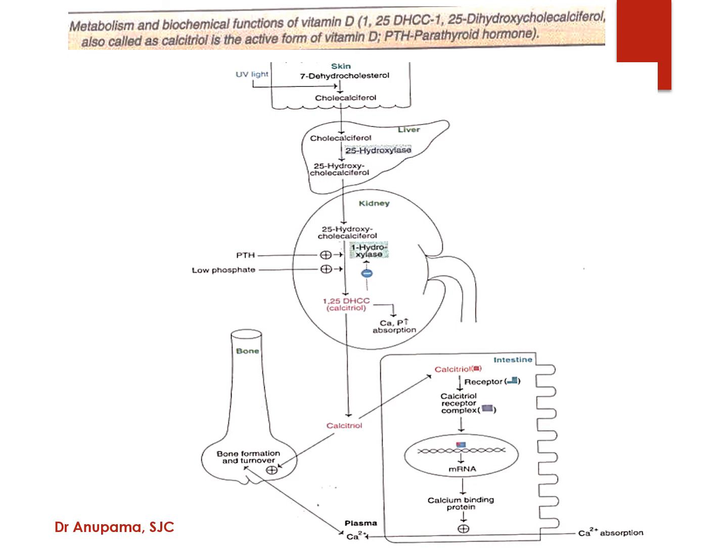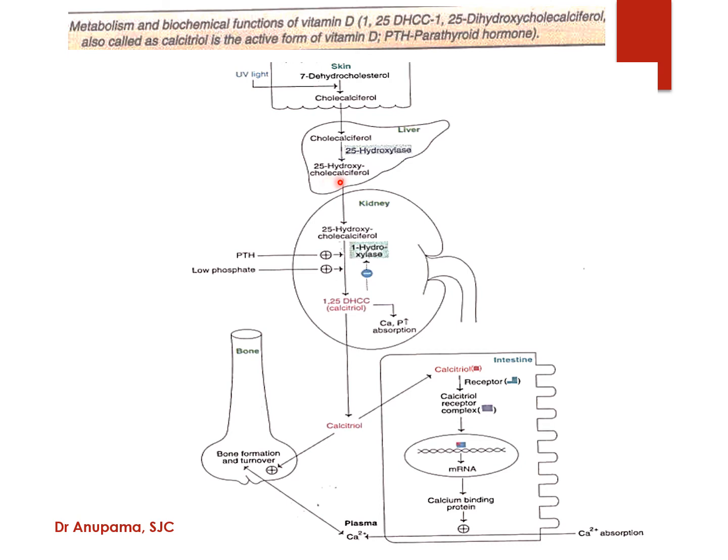So in the skin, 7-dehydrocholesterol is converted to cholecalciferol in the presence of UV light. Then this cholecalciferol is transported to the liver where it is hydroxylated at the 25th position to form 25-hydroxycholecalciferol.